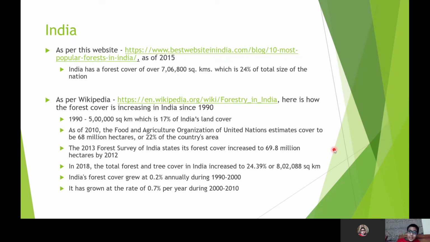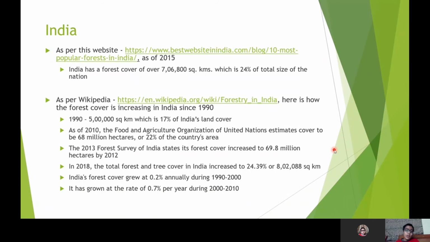As per Wikipedia, here is how the forest cover has increased in India since 1990. In 1990, India's forest cover was 5 lakh square kilometers, which is 17% of India's land area.